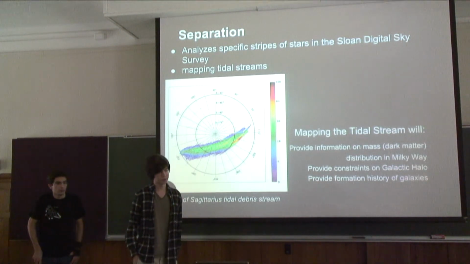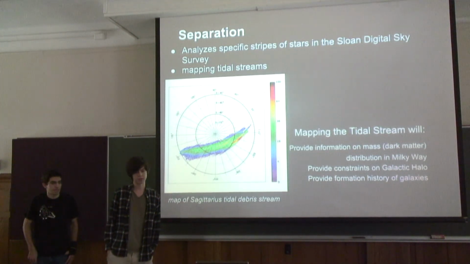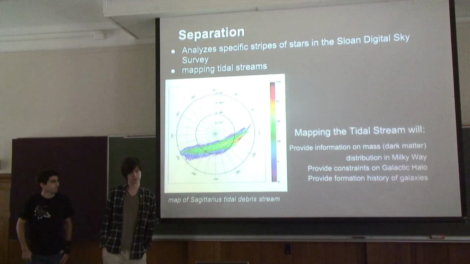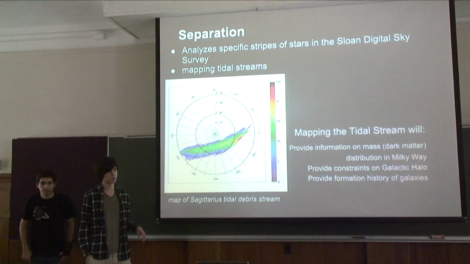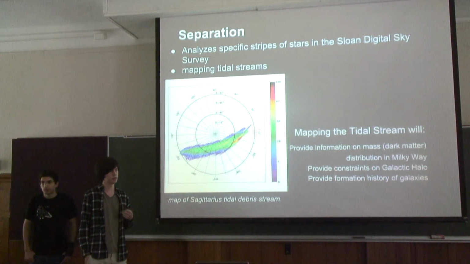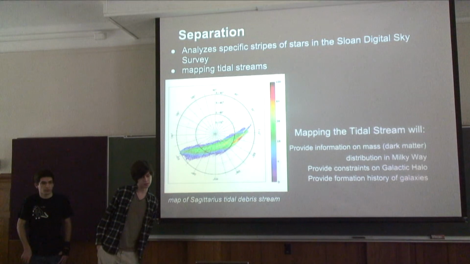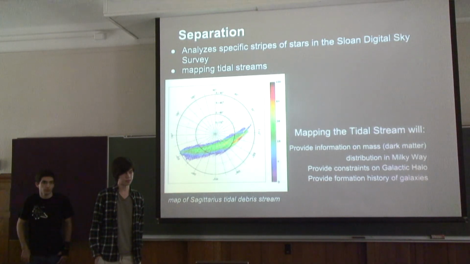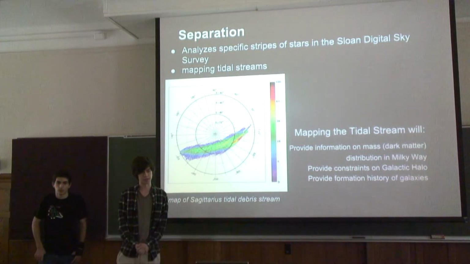So the first part of our project is separation, and it analyzes specific stripes of stars in the Sloan Digital Sky Survey. The usefulness of this is that we can map tidal streams. And tidal streams are these dwarf galaxies that interact with the Milky Way galaxy. They're sort of pulled in, and so mapping the tidal stream will provide information on mass, dark matter distribution in the Milky Way, which I discussed, and it'll provide constraints on the galactic halo.